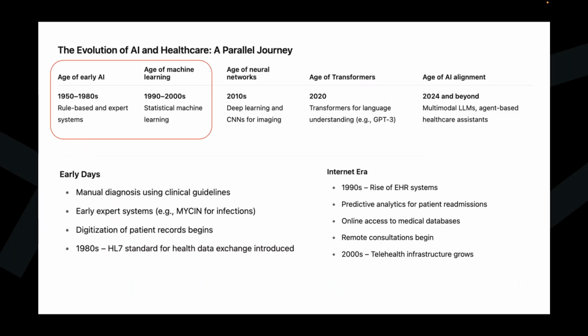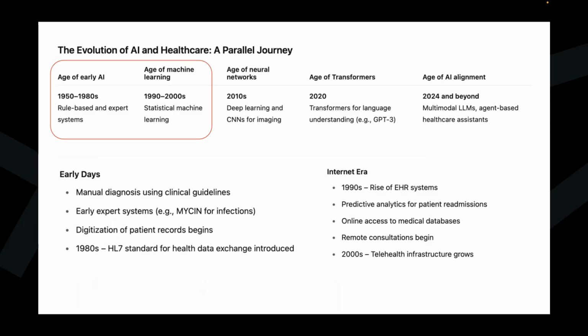So how did this evolution of AI in healthcare happen, right? Of course, AI started in the 1950s, so I'm not trying to go into how neural networks are designed, how the perceptron works. I'm not going to go into that detail, but AI is as old as the 1950s, after World War II. And then there were rule-based and expert systems at first.